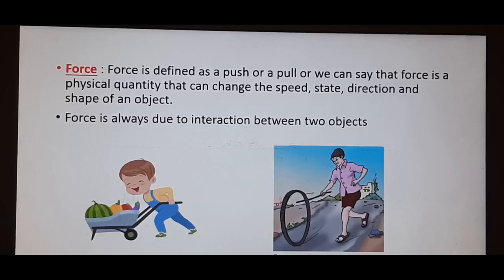So again we can see a force taking place here in the form of a push, due to the interaction between this stick and the tire. So always remember this thing, that force is always due to interaction between two objects.